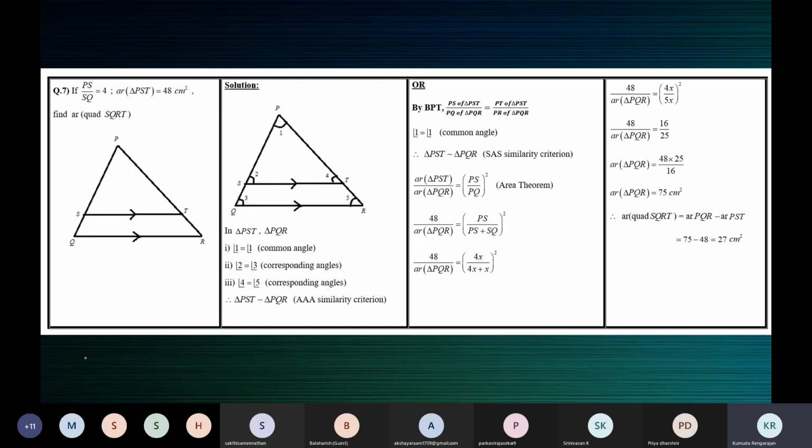Somebody said 27. You're right. So here, for a change, I'll prove that they are similar. I've done it both the ways, children.